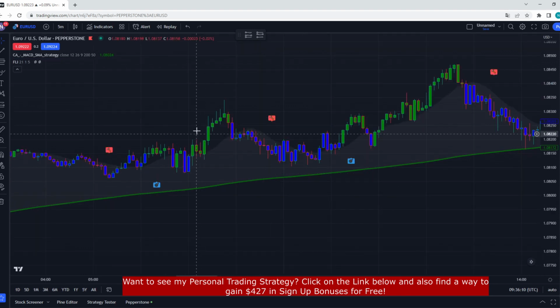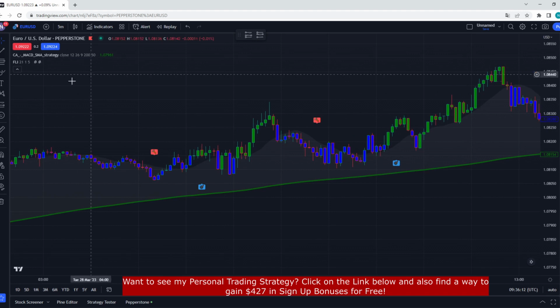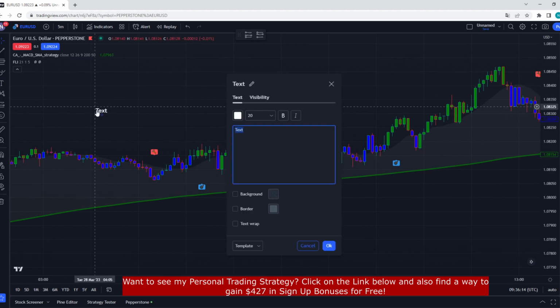Let's have a look now into our trading rules. So for a long trade, we have three conditions that we want to have met. So our first condition is that the market is above our 200 SMA. Second, we want our SMA to be green.